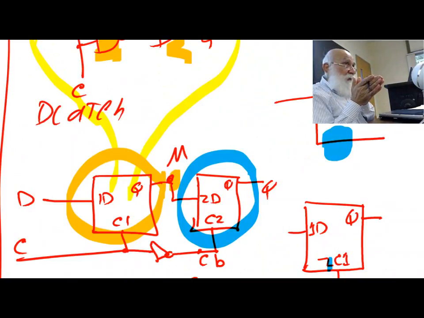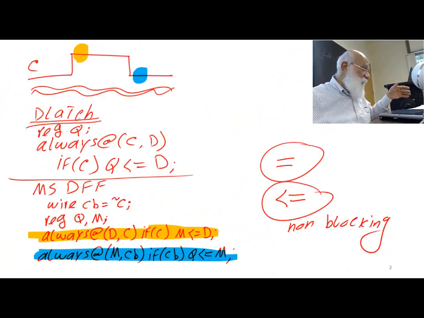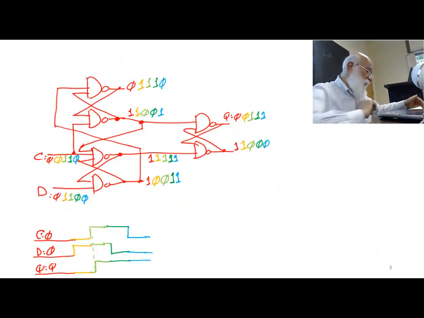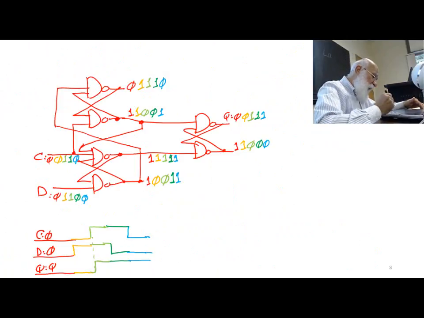Okay, and at the time of clock changing from 1 to 0, what happens is M is taken and goes on the output. But we are very clearly seeing that this is not happening here. What is happening is, see, D became 1, and then clock goes from 0 to 1.